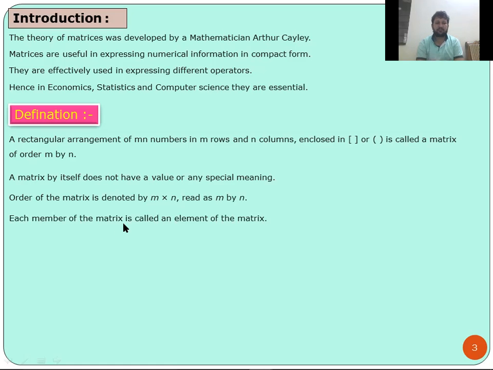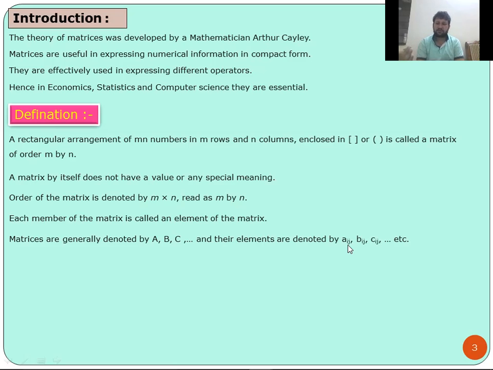Each member of matrix is called an element of the matrix. Matrices are generally denoted by capital letters A, B, C like this, and their elements are denoted by a_ij, b_ij, c_ij.